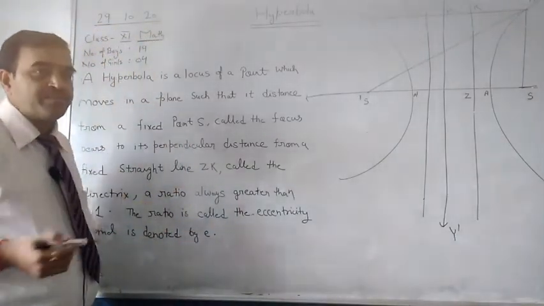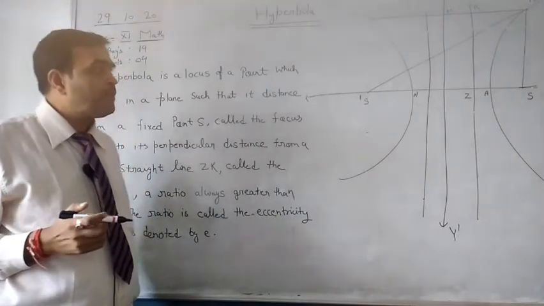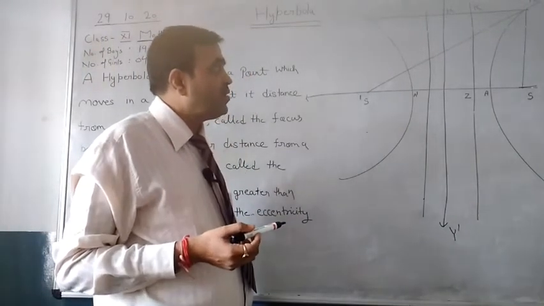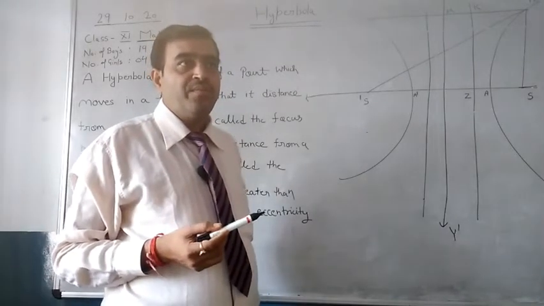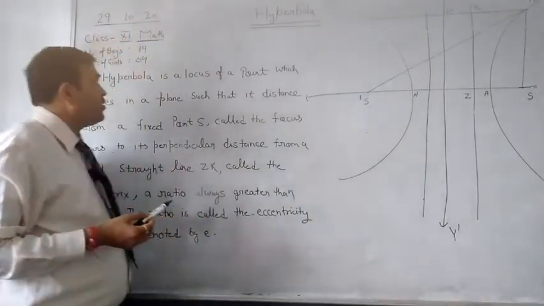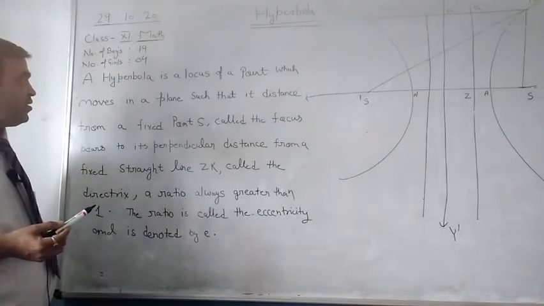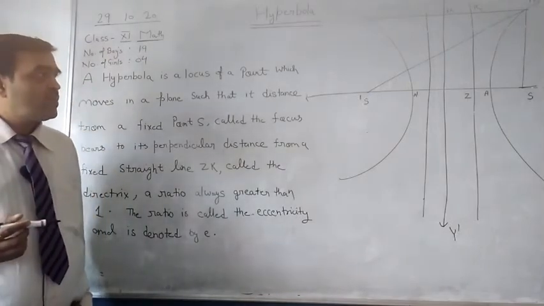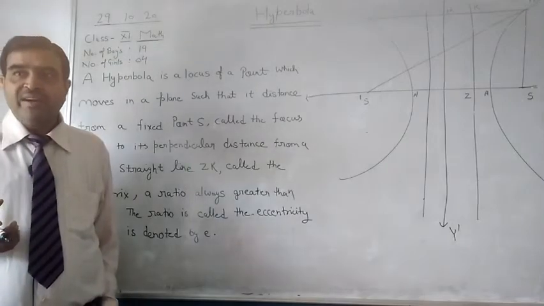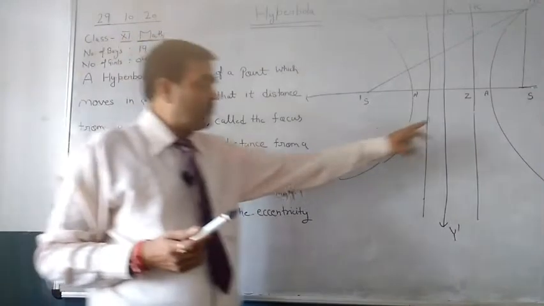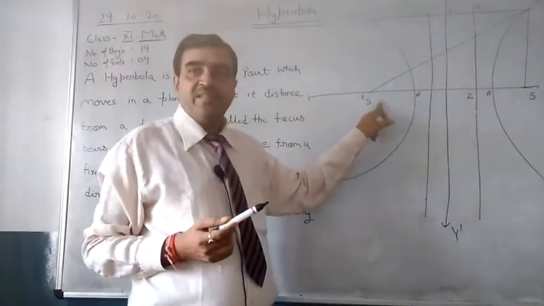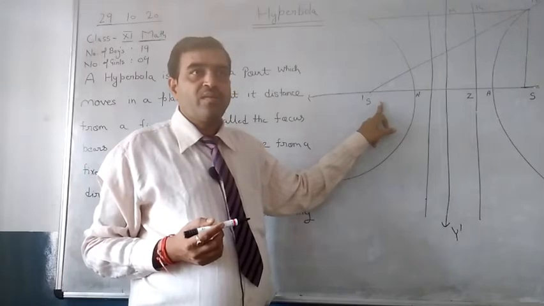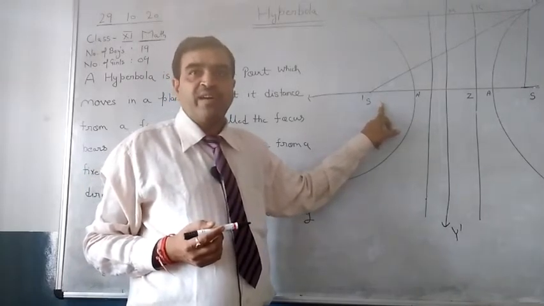Write down, according to the figure, let P be a point that moves in a plane, and S and S dash be fixed points. They are called the foci of the hyperbola.